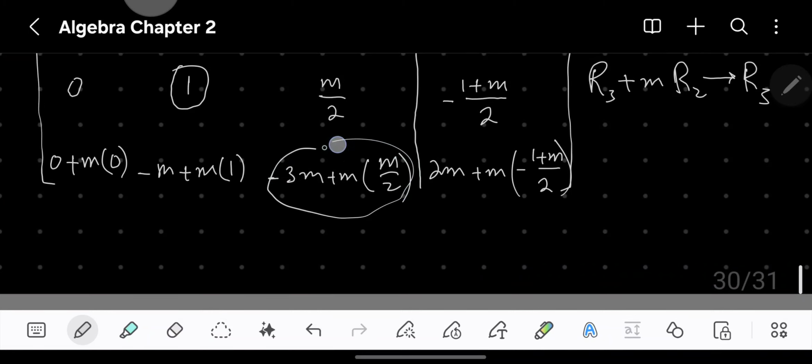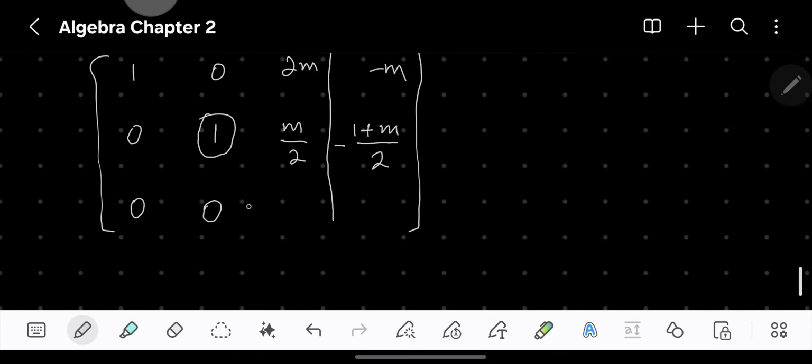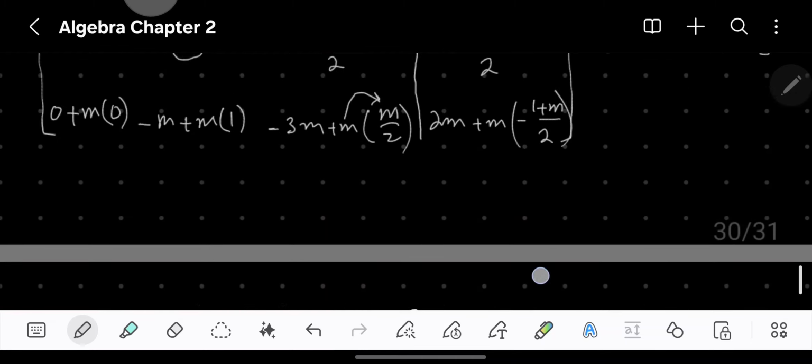This one is minus 3m plus m square by 2, but this m will multiply with this one. I will write m square by 2. So minus 3m plus m square by 2.